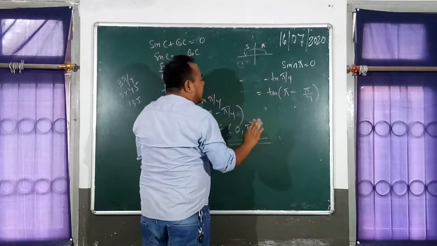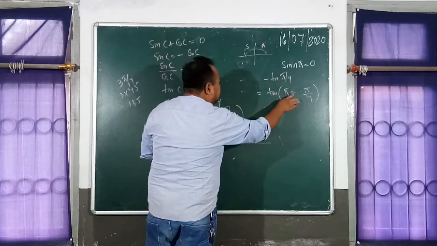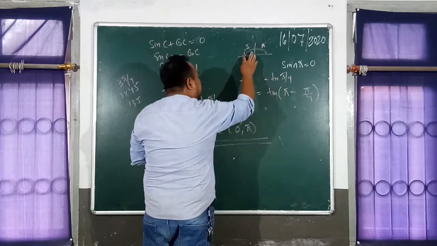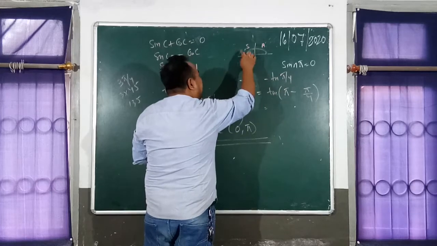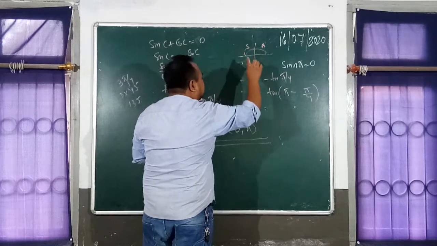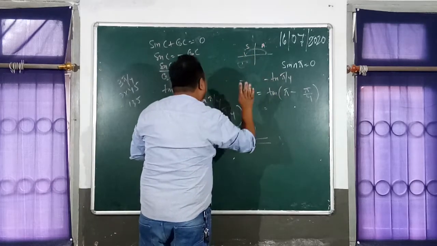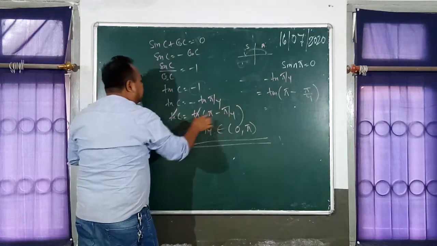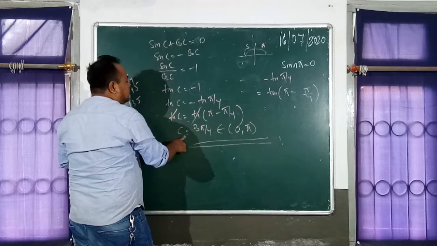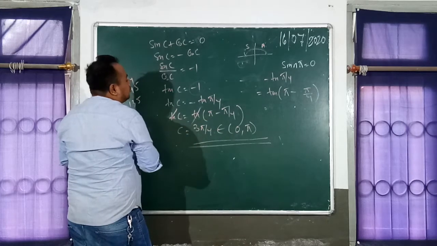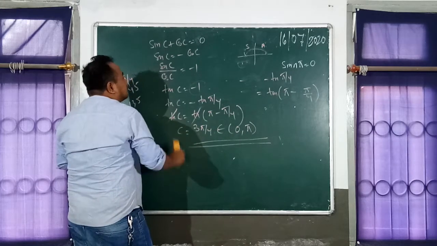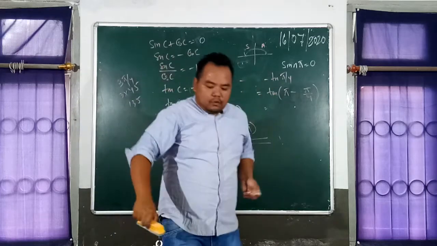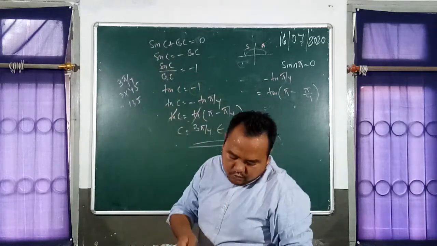That is what I don't want. If I put a minus sign, minus means back to the second quadrant. That means only sin is positive. So since this is tan, it's going to be negative. So minus tan pi by 4 can be written as tan of pi minus pi by 4. Tan and tan get cancelled. c equal to 3 pi by 4. That belongs to 0 and pi. So this is how you verify Rolle's theorem.